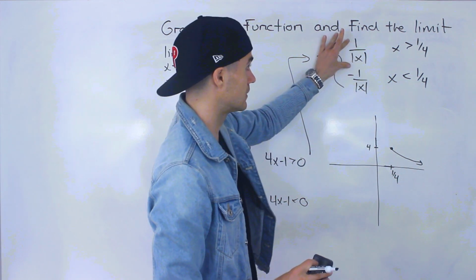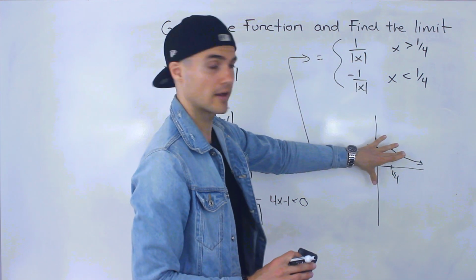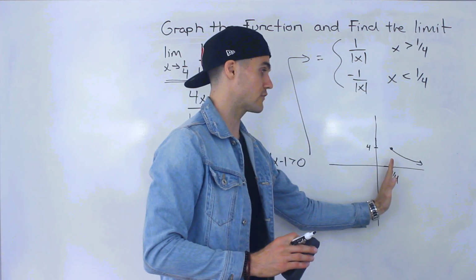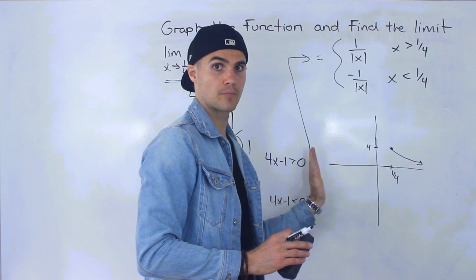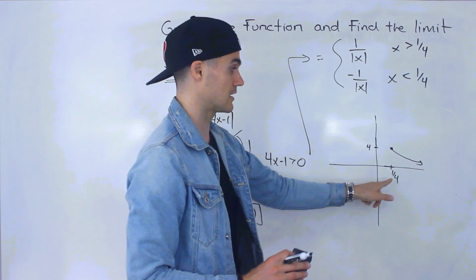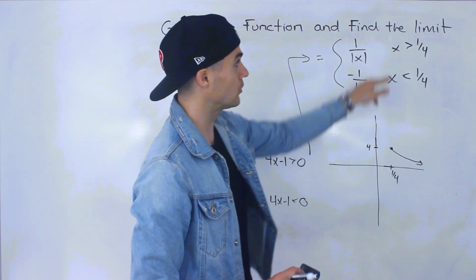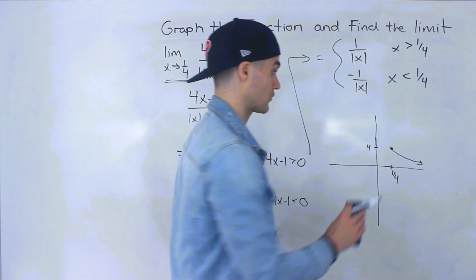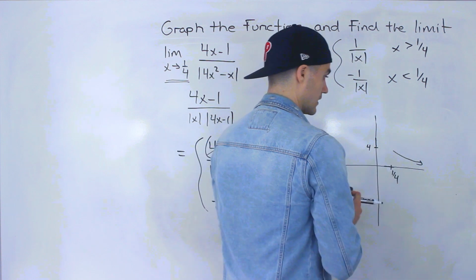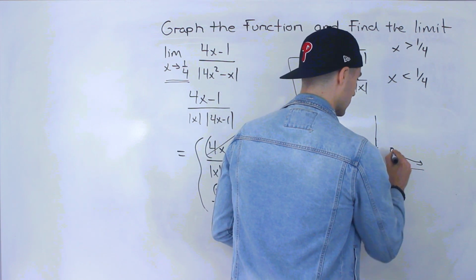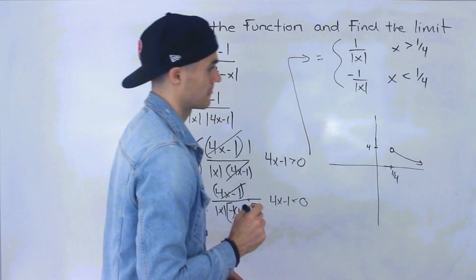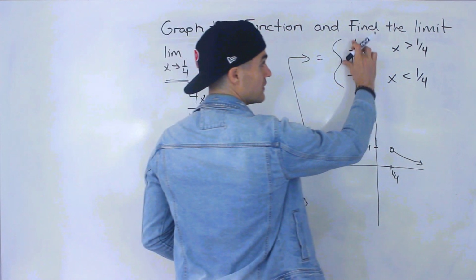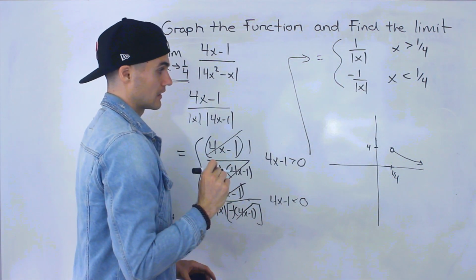So I had the whole function drawn out, but then I erased everything that was less than 1 over 4. All the x values that were less than that x value 1 over 4. And notice that it's greater than 1 over 4. It's not greater than or equal to 1 over 4. So this here is actually going to be a hole, like that. So that's how this piece looks like.